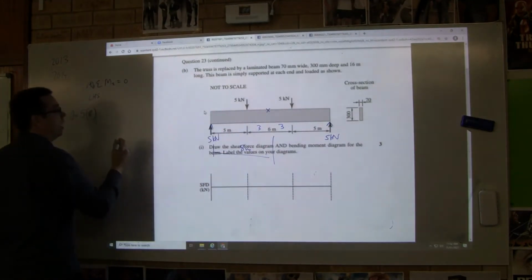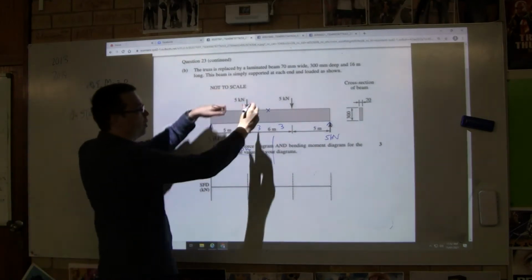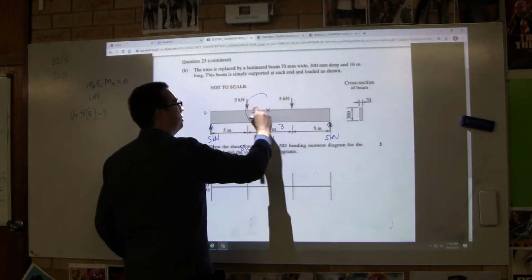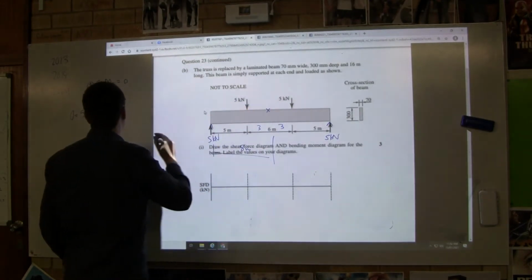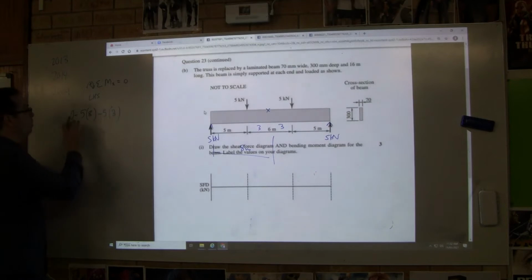Okay, so it's positive. And then here we have 5. Is this 5 going clockwise or anti-clockwise? It's going to be anti-clockwise, and it's about a smaller distance, so it's going to be 3. So what we get there is 40 minus 15, which is 25. Okay, 25 kilonewton meters, and it's going clockwise.